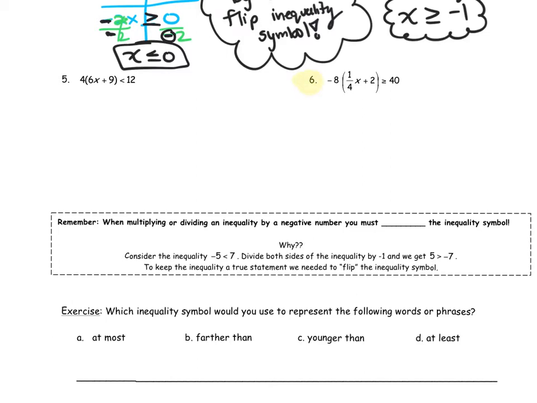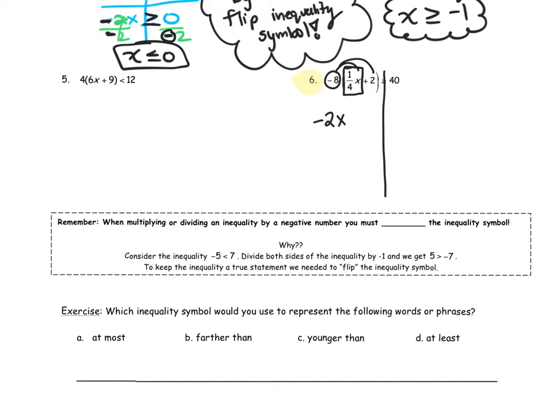Okay, so again, we're going to draw that line down the inequality symbol. So let's do that. And I'm going to distribute this negative 8. So let's see, we have negative 8 times positive 1/4 x. Just put that in the calculator, guys. You'll get negative 2x plus, oh, not plus, sorry.